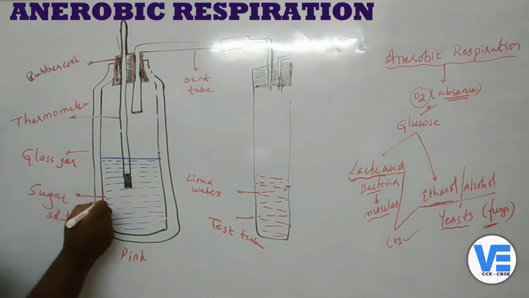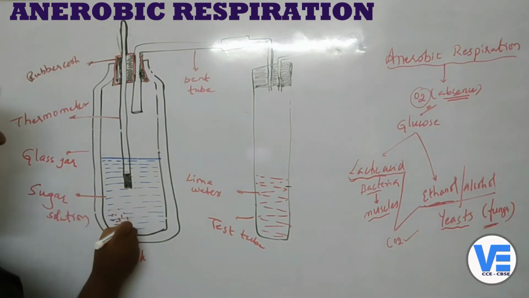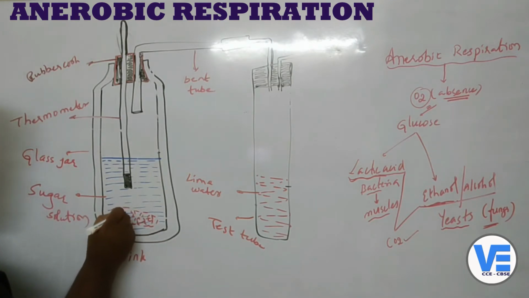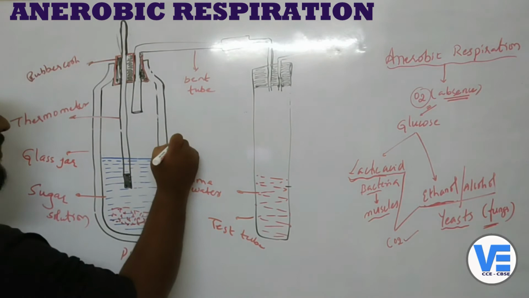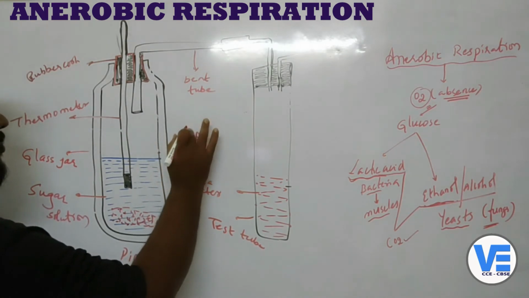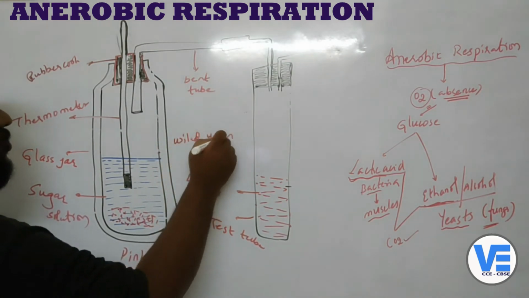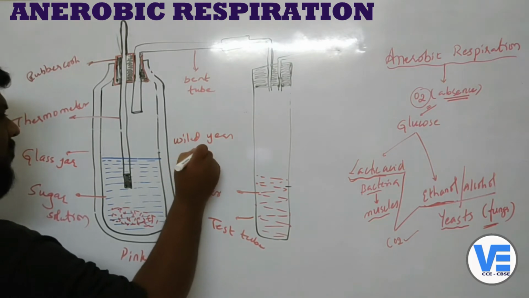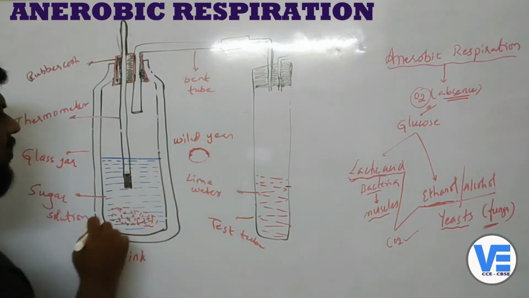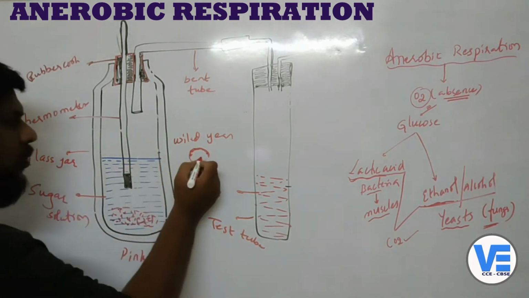And then we'll put some baker's yeast. Now this yeast is a wild yeast which is usually grown on fruits.